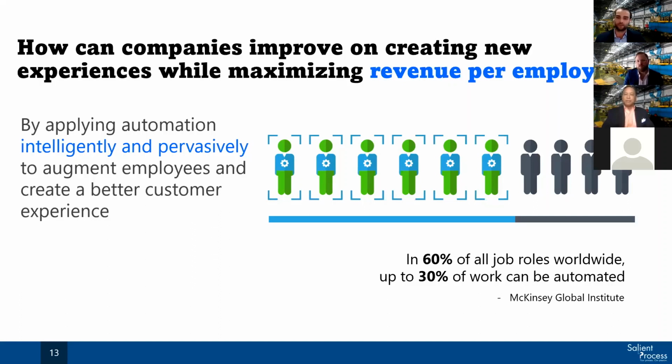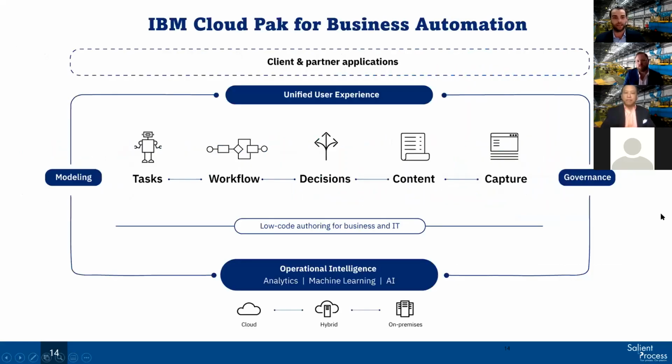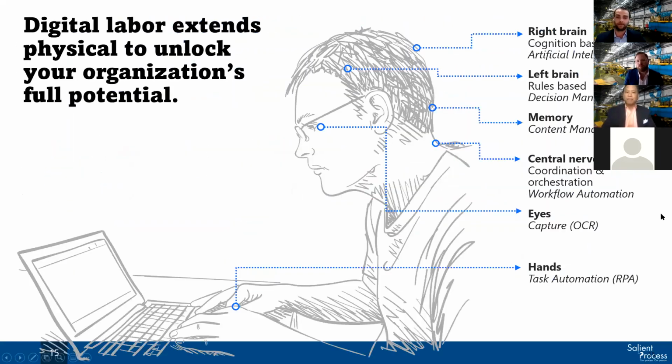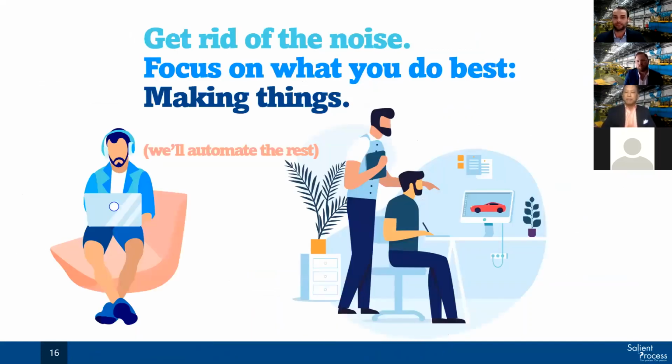So yes, to your point, Ben, Salient has created what we'll call an accelerator that helps our clients plan and prioritize their different automation initiatives. So not just based on ROI or straight time savings or time repurposing, but there could be different factors like sponsorship or alignment to corporate initiatives and strategies.